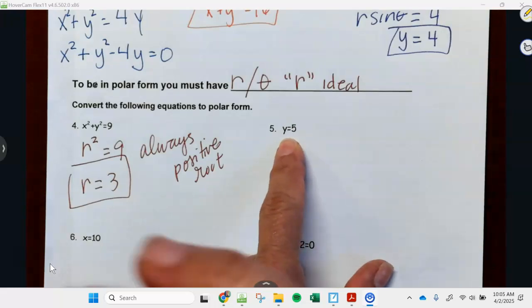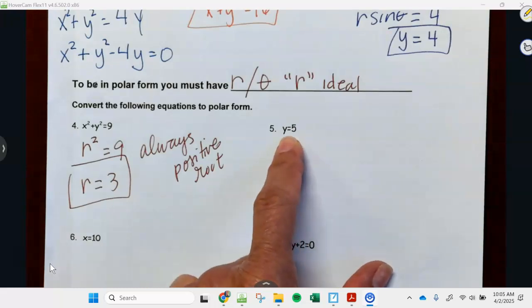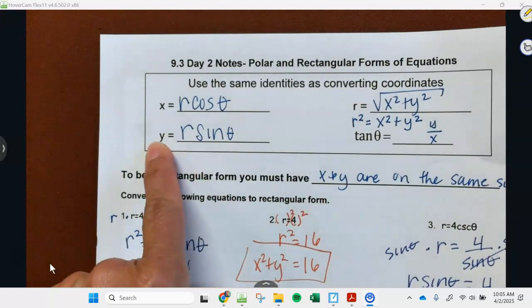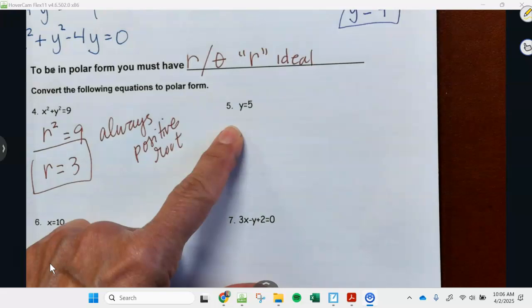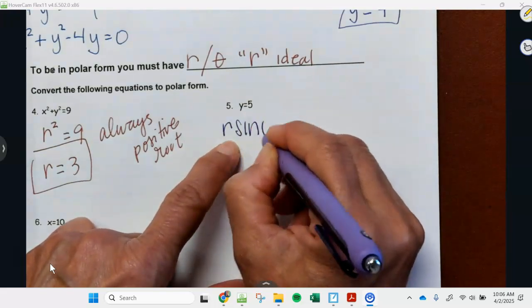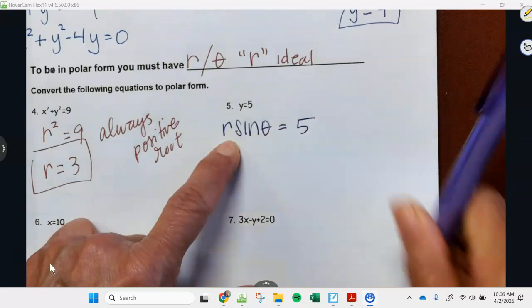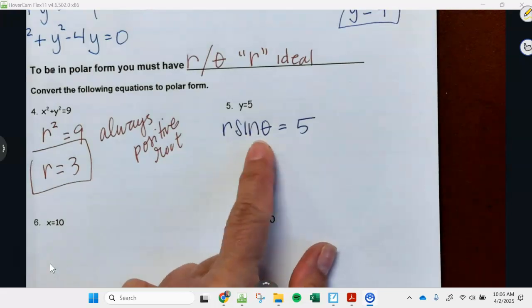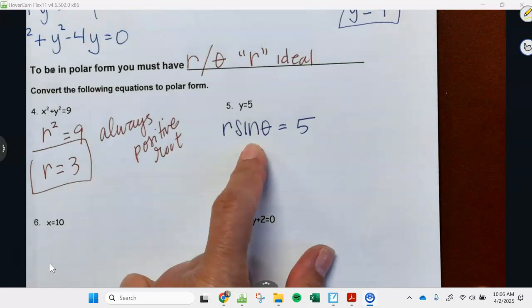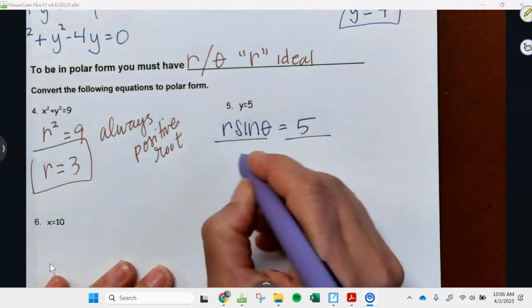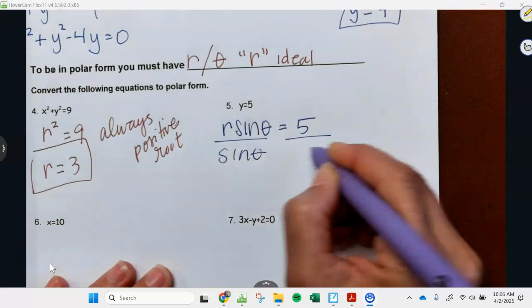Let's look at problem 5. Problem 5 has a y value to the first power. So if it's a y value to the first power, it's this business. So down here, I'm replacing y with r sine theta. And then remember your end game. We really do want r by itself. Can I make r by itself? I can. I can divide both sides by sine theta.